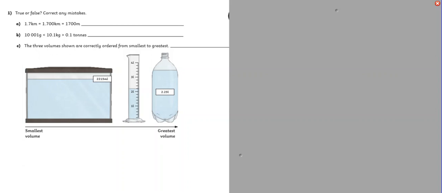And then the last one is the trickier one. The 3 volumes shown are correctly ordered from smallest to greatest. So the first thing that I would do for this one is convert all of my units of measure into the same one. So I would convert to millilitres, because that means that you don't have to work with decimals. Pause the video now and have a go at those 3.